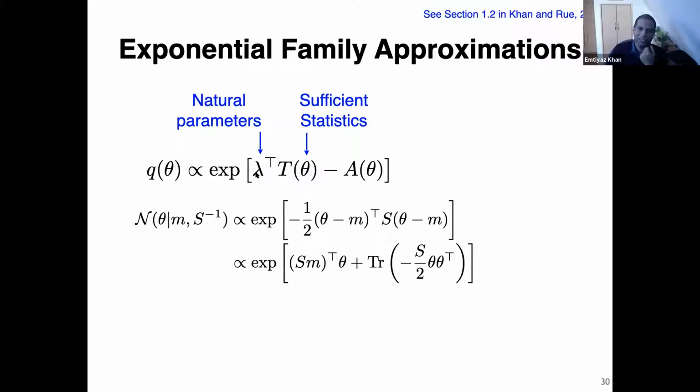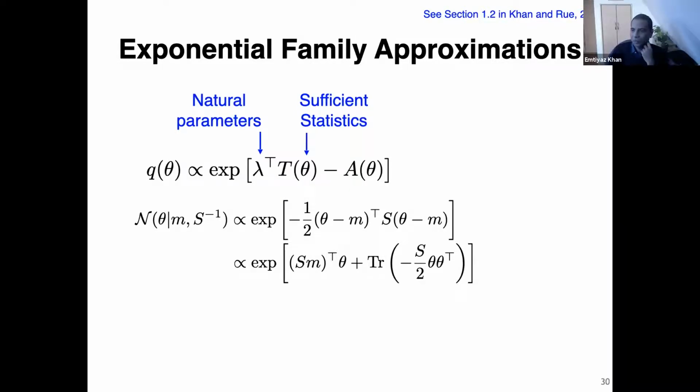So lambda is a natural parameter, and we'll see that this parameterization will play an essential role in understanding how machine learning is related to this more complicated Bayesian stuff. If you don't see this point here, just remember that lambda is the natural parameter, and you can write it in this form, and the sufficient statistics is just linear and quadratic in the Gaussian case.